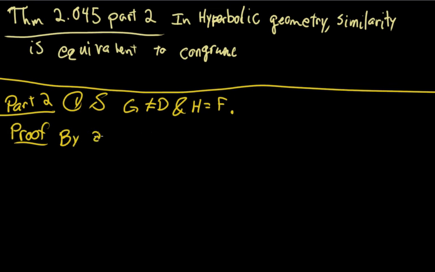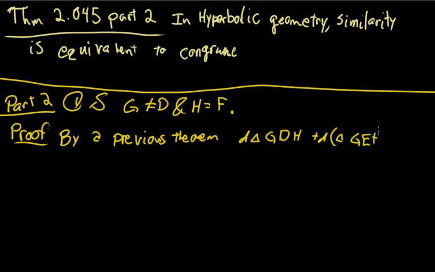So by a previous theorem, the defect of triangle GDH plus the defect of triangle GEH equals the defect of triangle DEF.